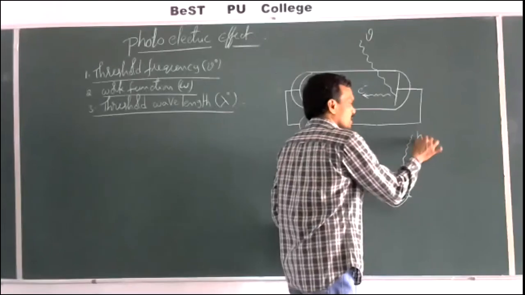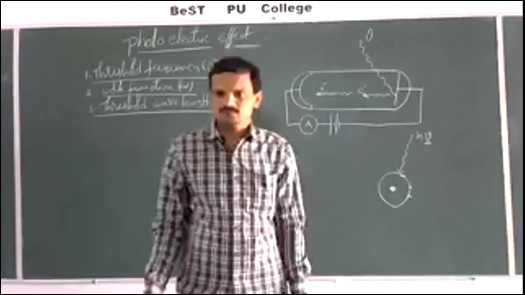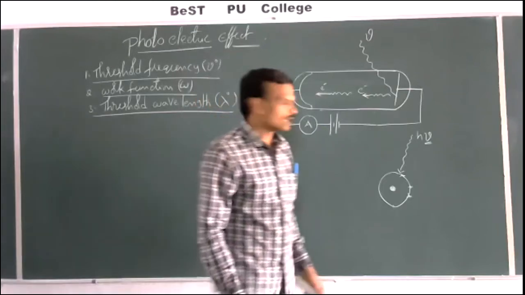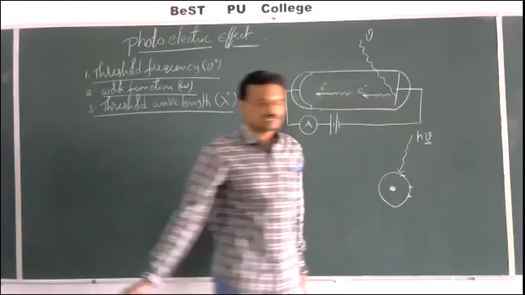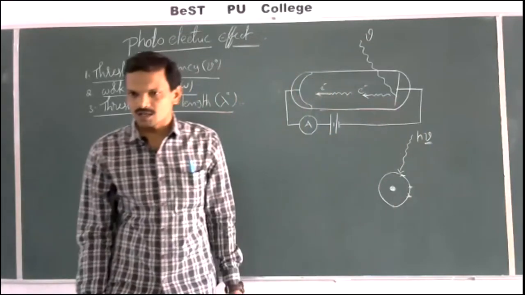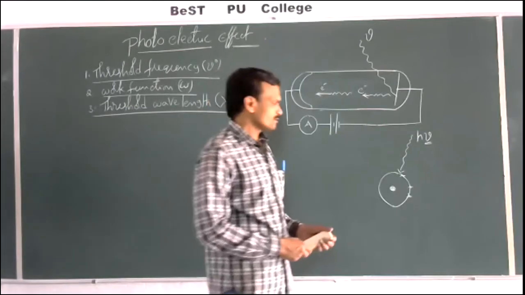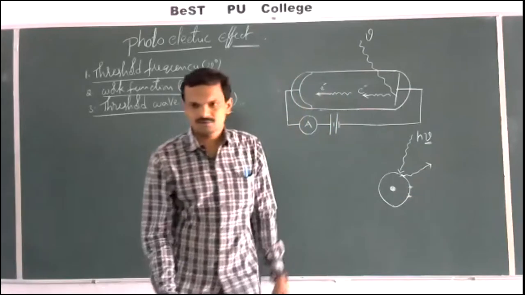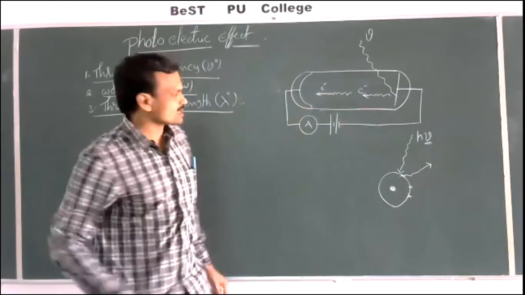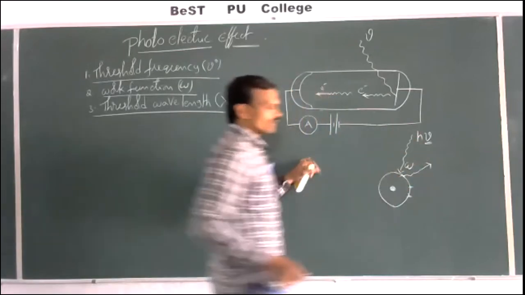If the frequency of the light is nu, the energy of this photon is h nu. In that total energy of the photon, some amount of energy is utilized for the ejection of this electron, and that energy required for the ejection of electrons is called the work function.